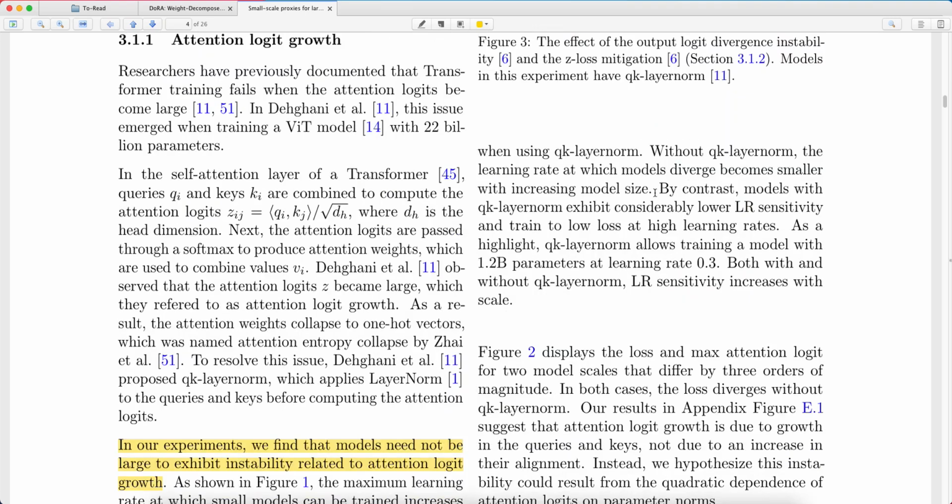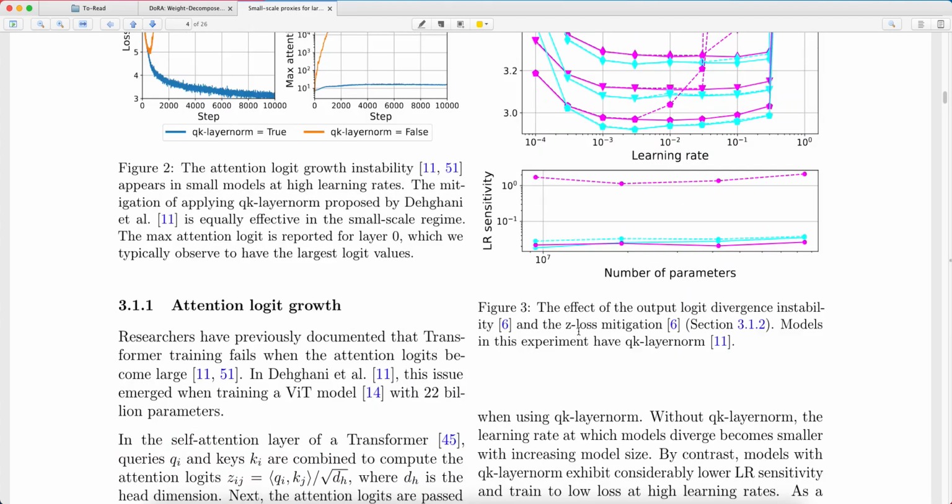By contrast, models with qk-layer norm exhibit considerably lower LR sensitivity and train to low loss at high learning rates. As a highlight, qk-layer norm allows training a model with 1.2 billion parameters at learning rate 0.3. Both with and without qk-layer norm, LR sensitivity increases at scale.